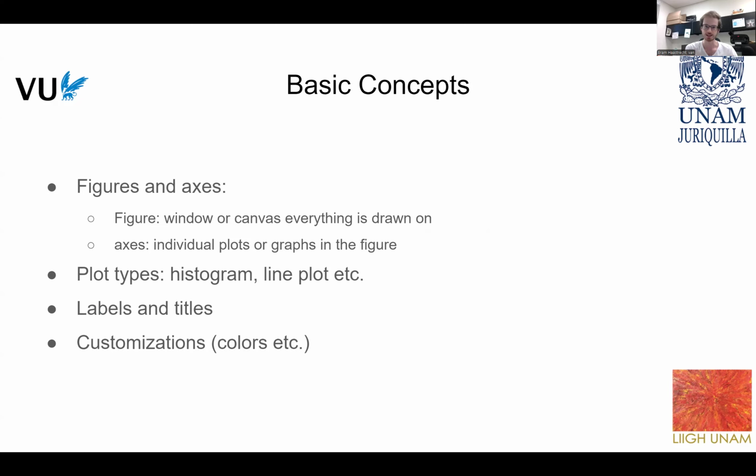And the axes are individual plots in a figure. So if you make one figure with multiple subplots, then you have one figure but multiple axes. And if you want to modify one of the subplots only, you have to remember that you need to modify that axis object and not the entire figure.